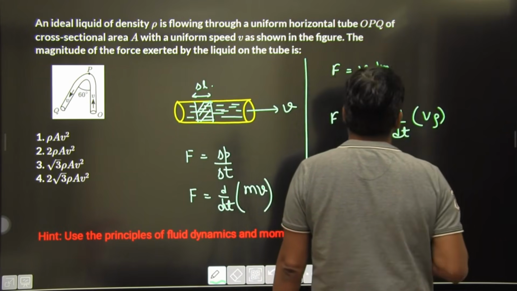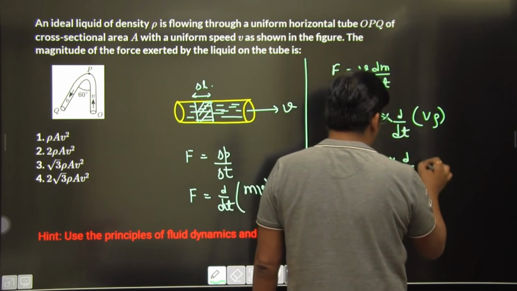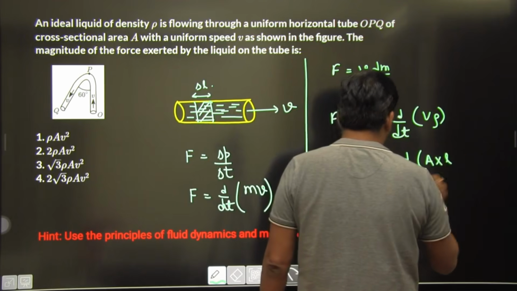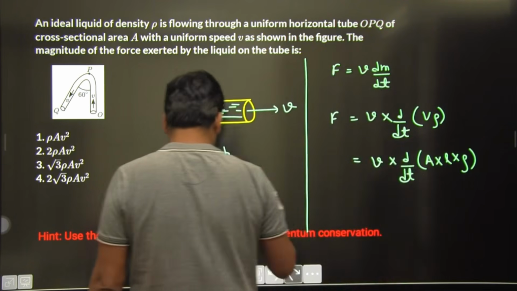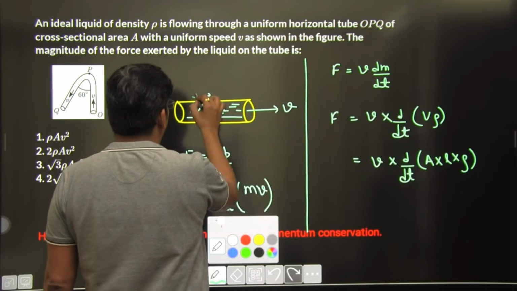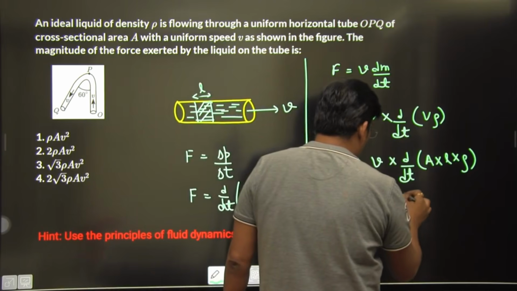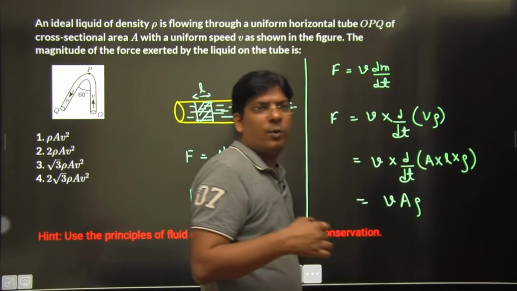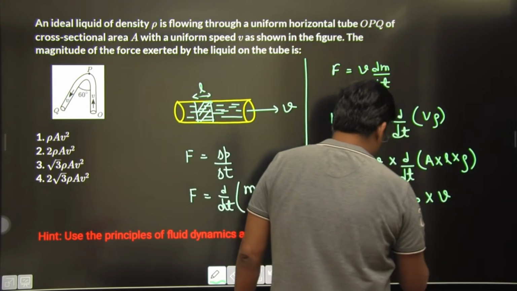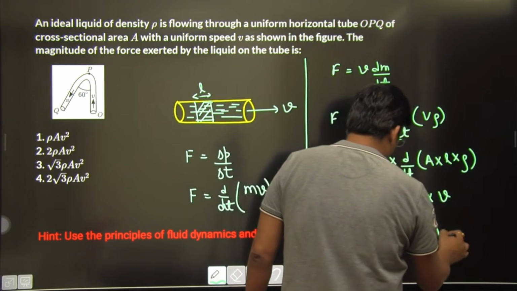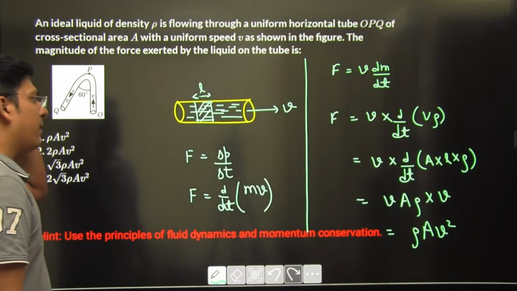Volume is area into length. You can take this length or delta L. Area and rho are constant, assuming the liquid to be incompressible. The derivative of length would again be velocity. So this would be rho A velocity square.